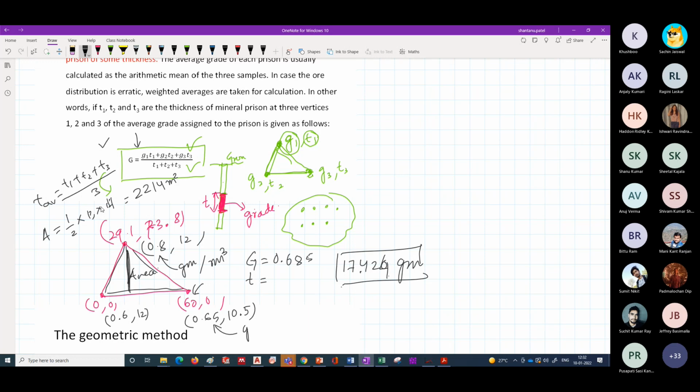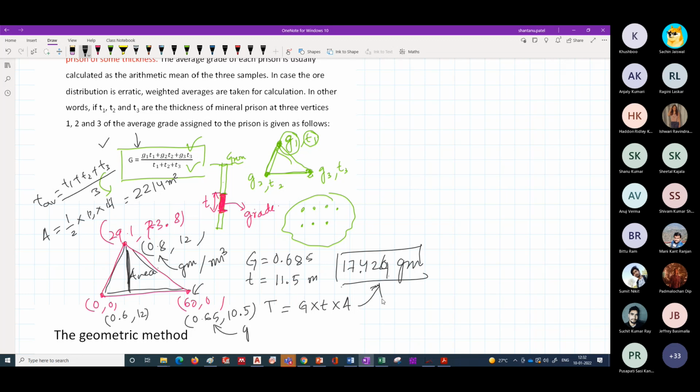What is the average thickness? 11.5 meter. So you just multiply. The total quantity is G times T times area, and this should come out like this. Is this clear?